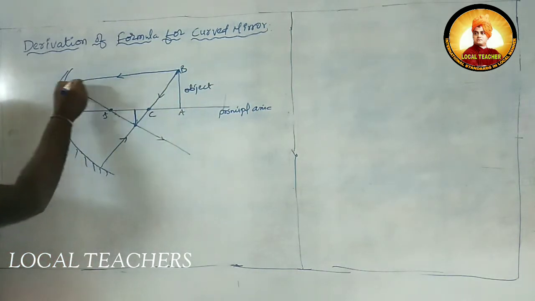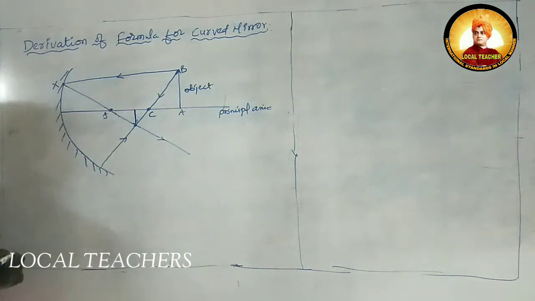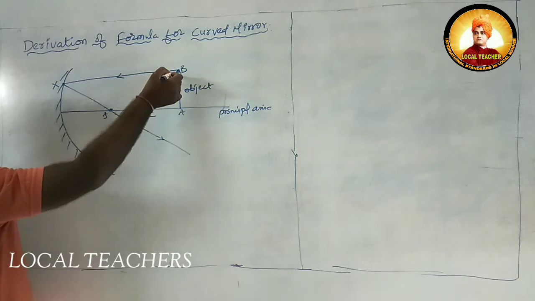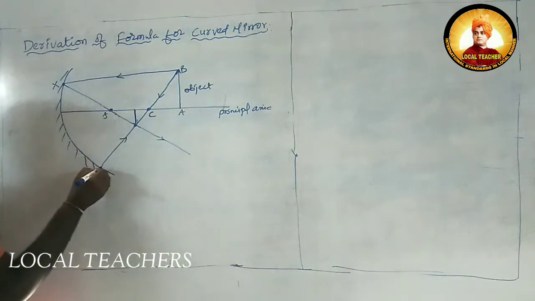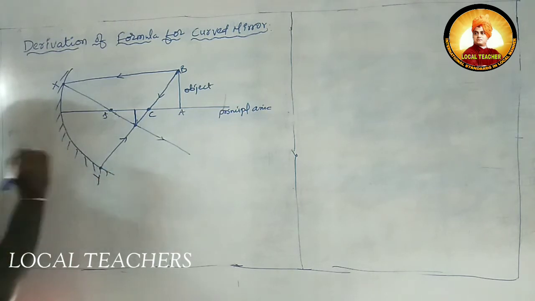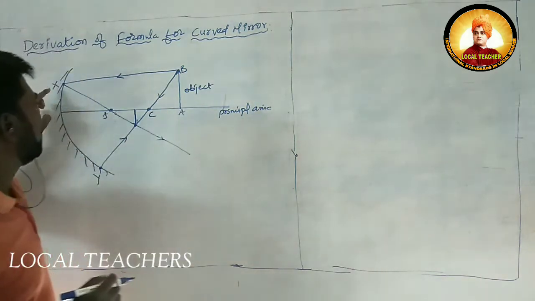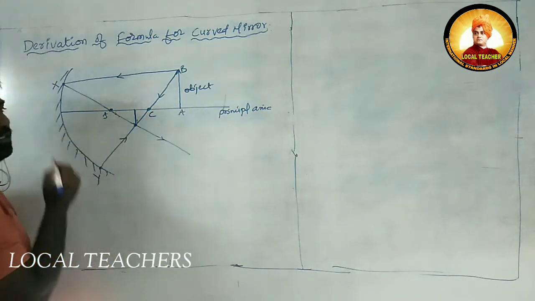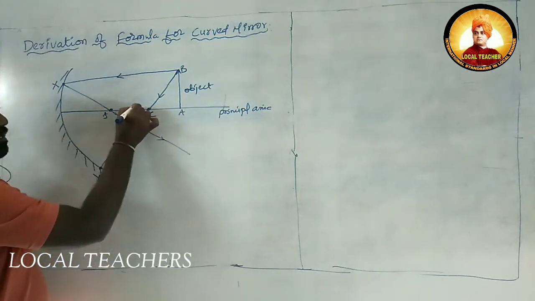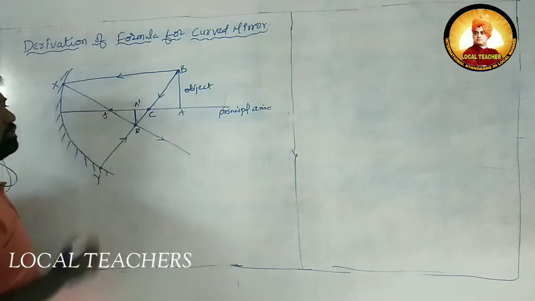The parallel ray is incident on the concave mirror at point X. The incident ray which is traveling through the center of curvature is incident on the concave mirror at point Y. These two reflected rays meet at a common point, where the image is formed. Consider the image is A dash B dash.